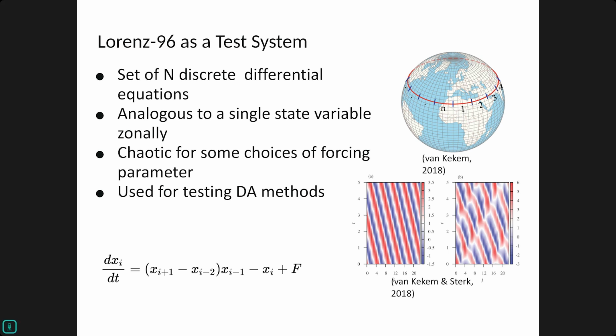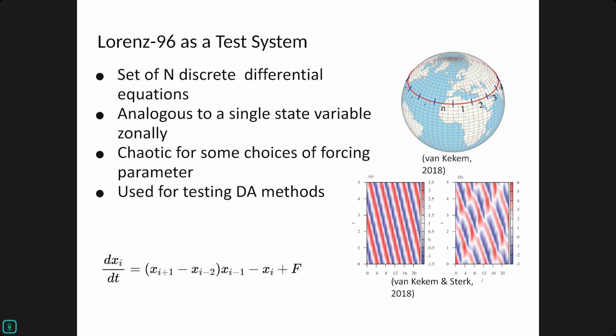Typically, it's 40 different equations with the exact same form. You have coupling between the different variables, typically representing a latitude ring around the globe. If you integrate the model forward in time, you see waves propagating through the model. It essentially represents atmospheric advection and dynamics in a very simple setup.